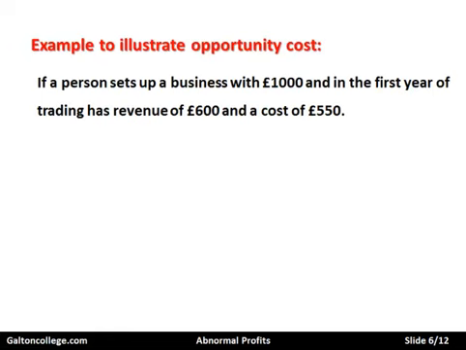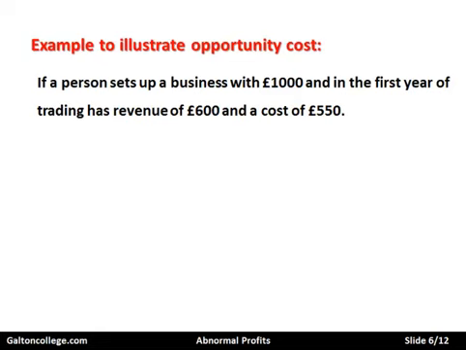If a person sets up a business, let's say with £1,000, and in the first year of trading has revenue of £600 and a cost of £550. Just pretend, just say this is our example.